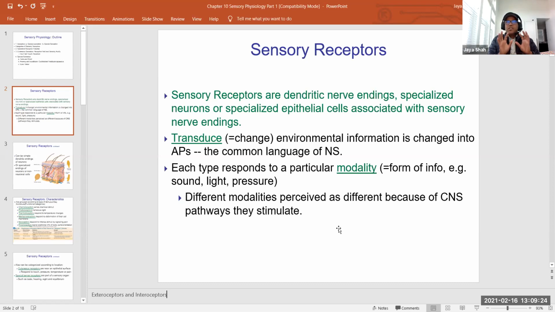Because these nerve fibers with action potential go to different regions of the brain where they are perceived by association neurons. Are you following me? That's why different modalities of stimulus are perceived differently in different parts of the brain, even though they all carry only the electrical impulse. Okay.